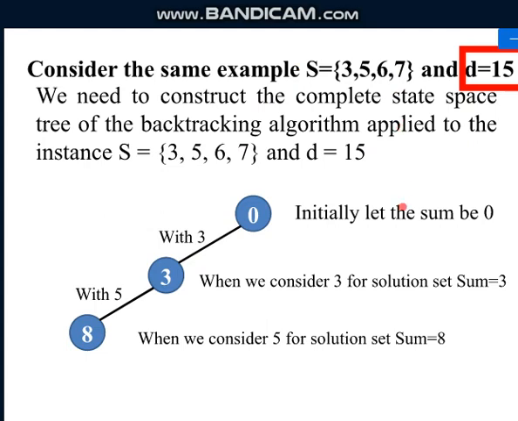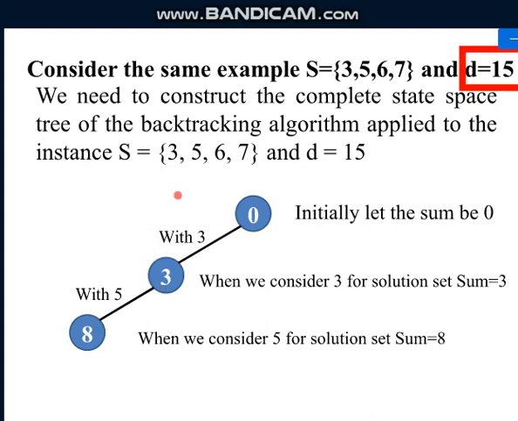That is why initially the sum will be equal to 0. Now let us consider the first element. The value is 3. If we consider 3, the sum will be 0 plus 3. The values inside the node are nothing but the sum.